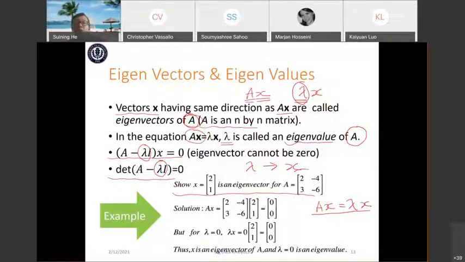Therefore, we can conclude that x is an eigenvector of A, and lambda equals 0 is an eigenvalue of this matrix A. That is the definition and how it may be calculated. We will see later how principal component analysis uses this kind of example.